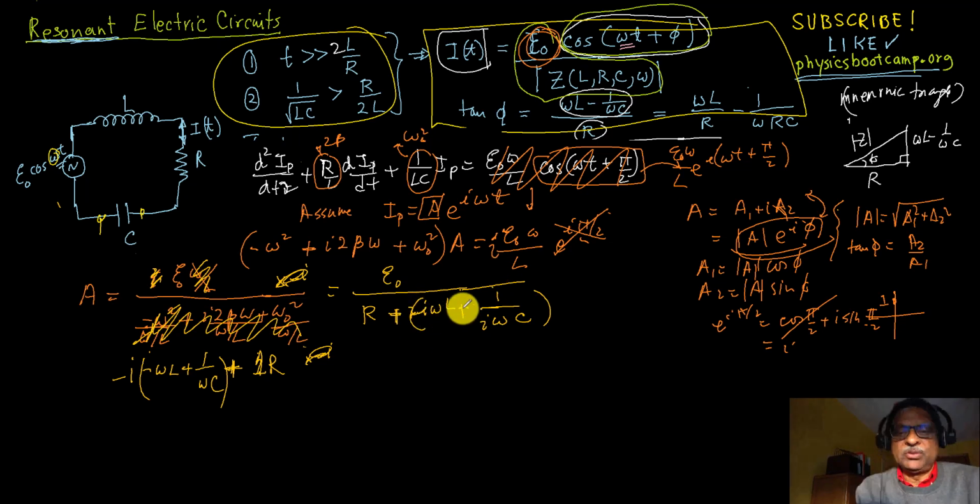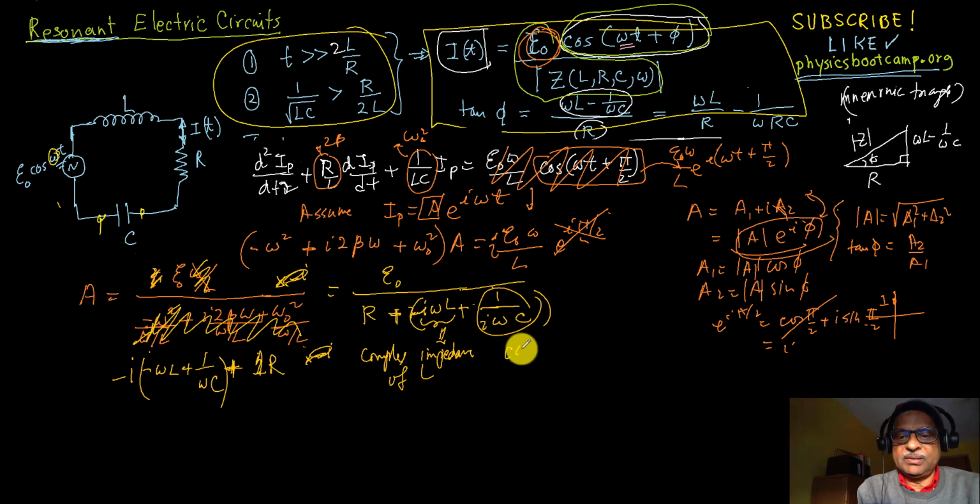So this is the complex impedance of L, and this thing is the complex impedance of capacitance.